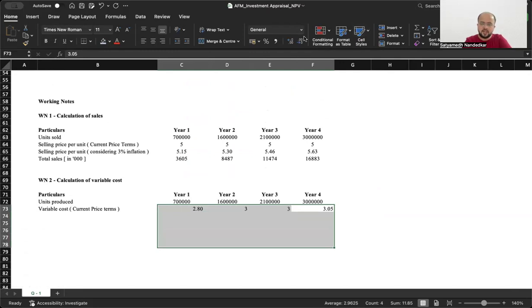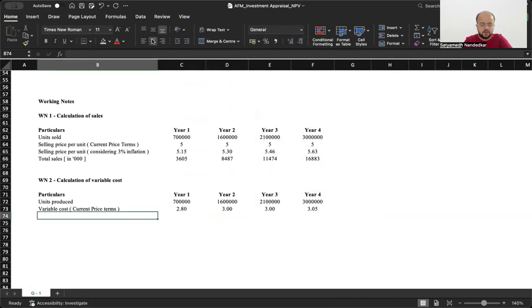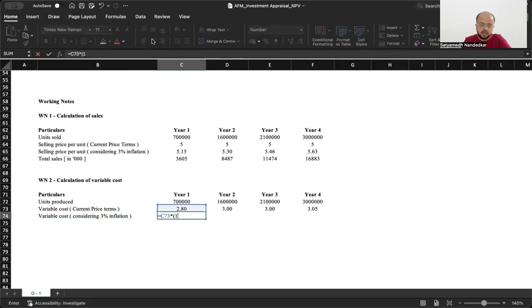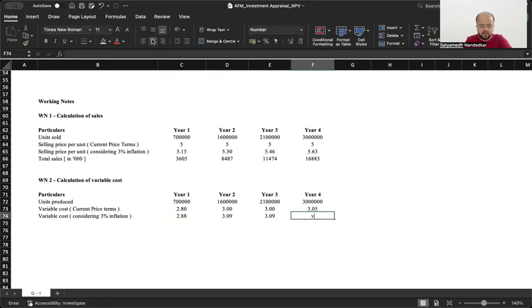Now all of this data has been given to you in current price terms. Now what you will have to do is variable cost considering 3% inflation. This into 1 plus 3% raised to 1, 2, 3, and 4.